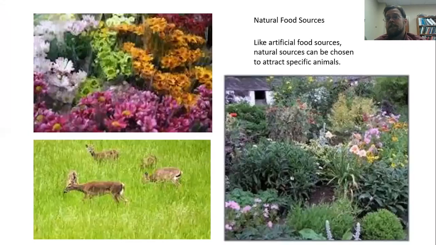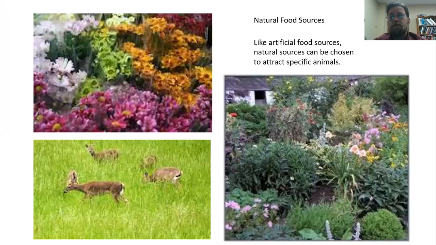Now, my preference is to provide a natural food source for the animals, and we can do that with plants. So, selecting plants that are going to be really good as a food source for birds, really good as food sources for butterflies, hummingbirds.